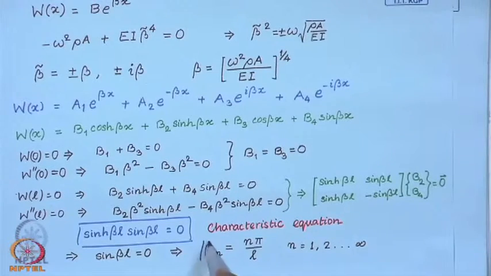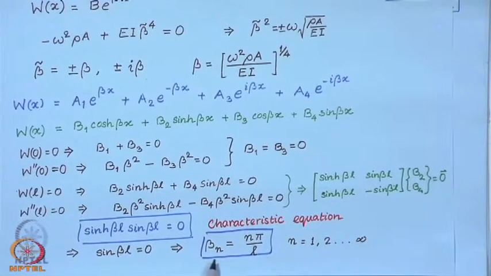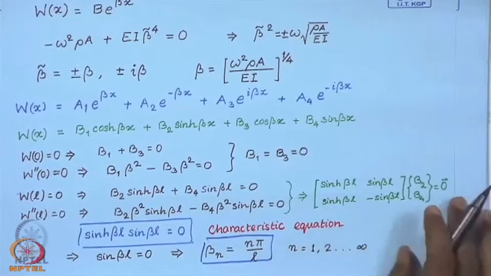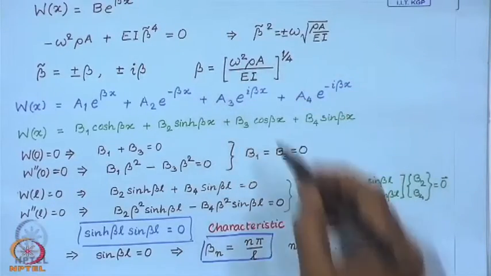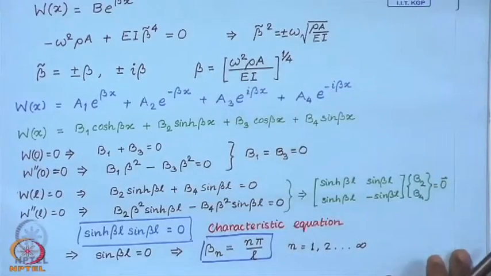So, these are the values of beta n for which all these boundary conditions will be satisfied. Now, you see beta is given by this expression, which has this omega.